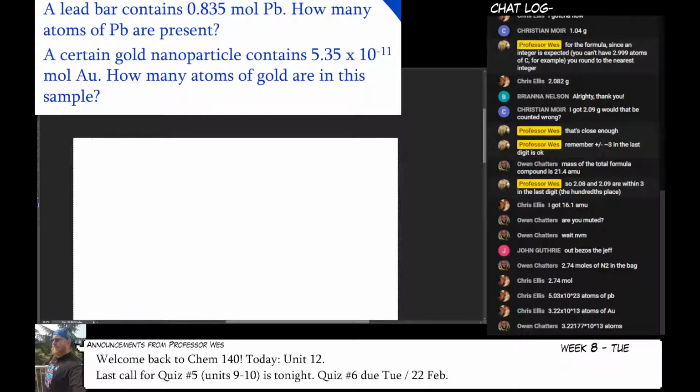Okay, so I have this many moles of lead. And we'll turn moles of lead into atoms of lead. And we know that in 1 mole, there are Avogadro's number of anything.